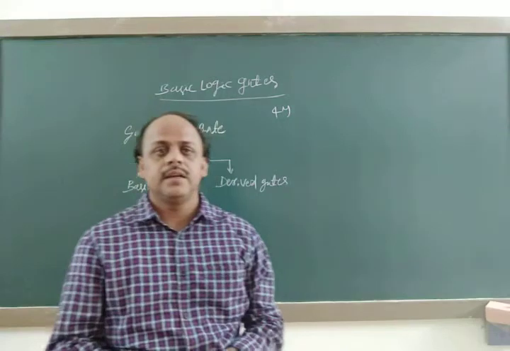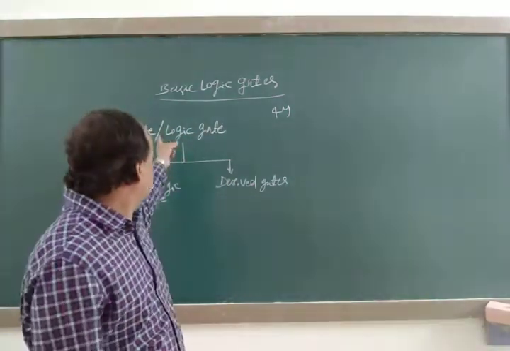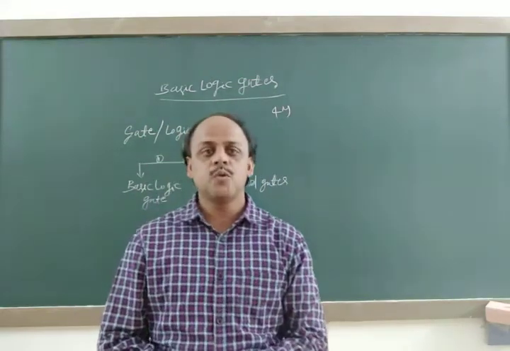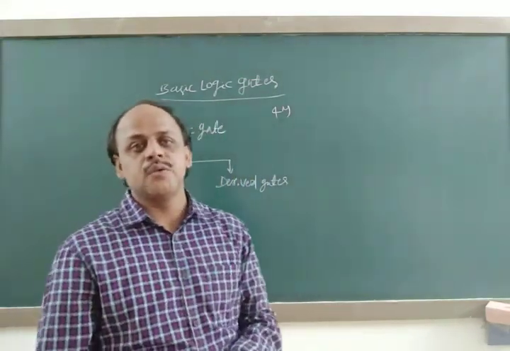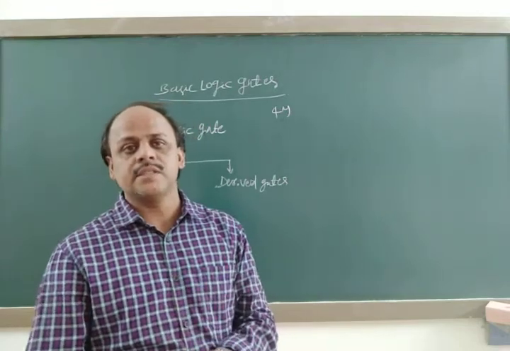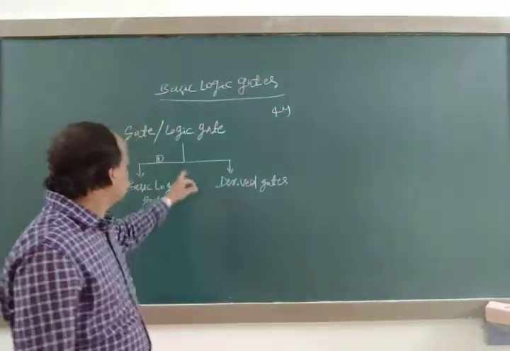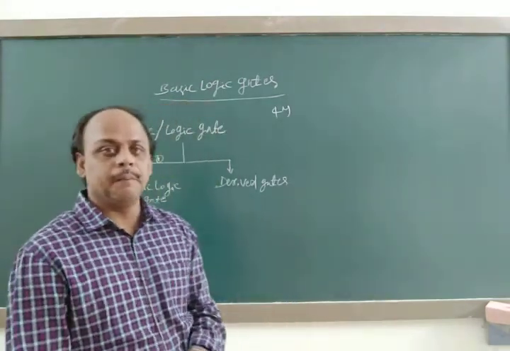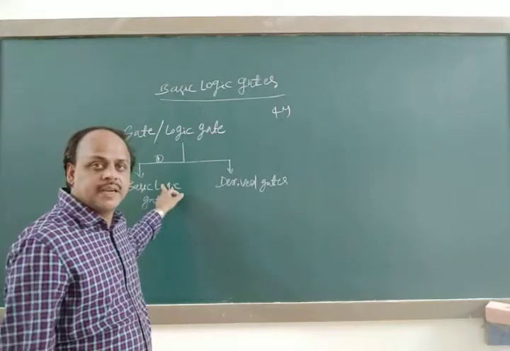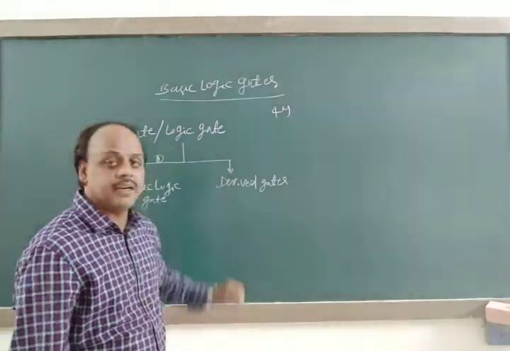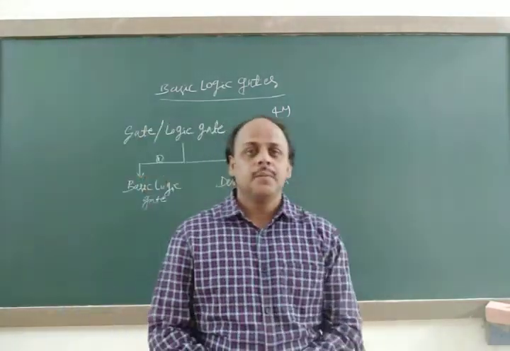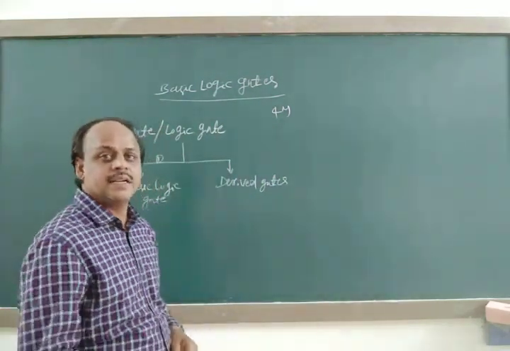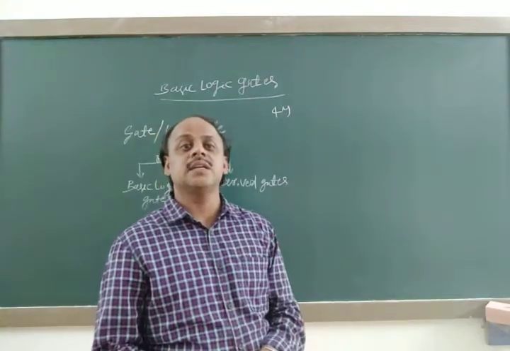What I said, a basic logic gate, or a gate is an electronic circuit which may have 2 or more input signals to produce one output signal. Okay, this logic gate can be classified into 2 types. First one is basic logic gate and another one is derived gates. Basic logic gates are the fundamental logic gates.